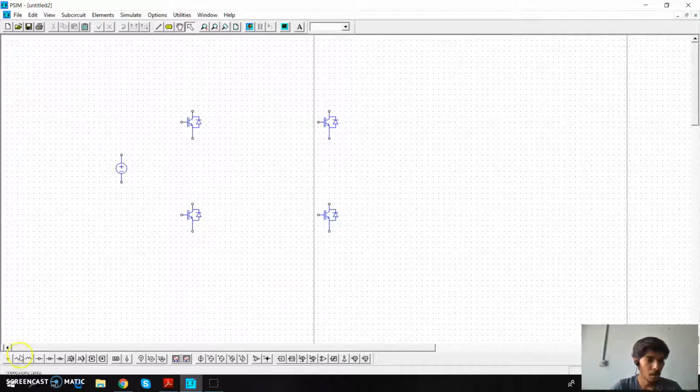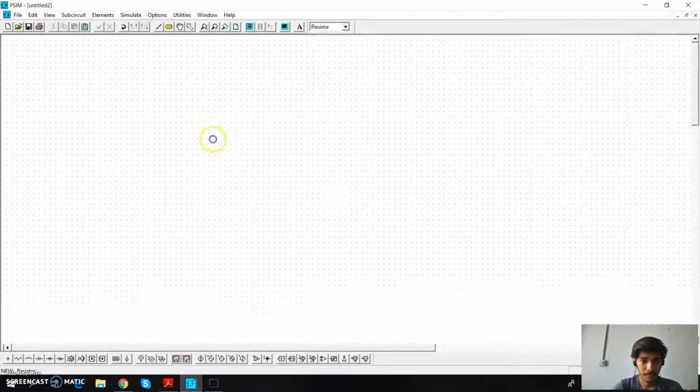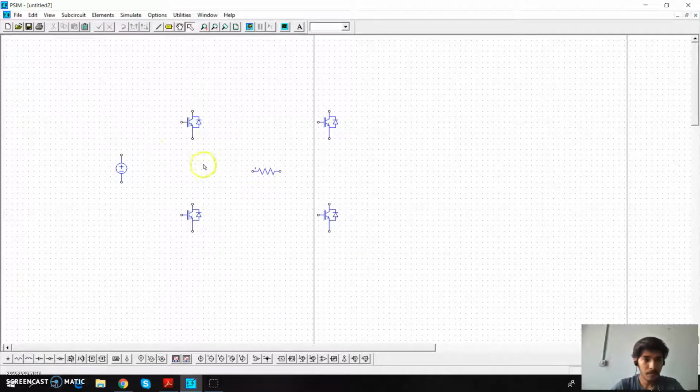We can use a resistive load. Now the switching devices require a pulse generating block, so we will apply those pulse generating blocks. Now let us connect the circuit using the wires.